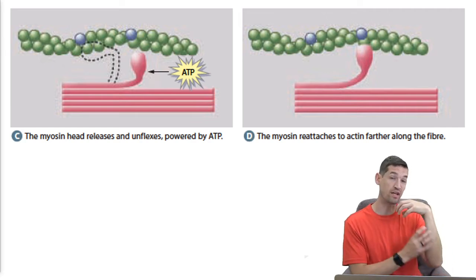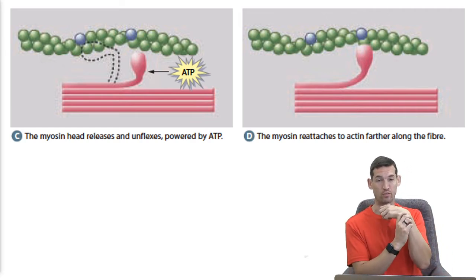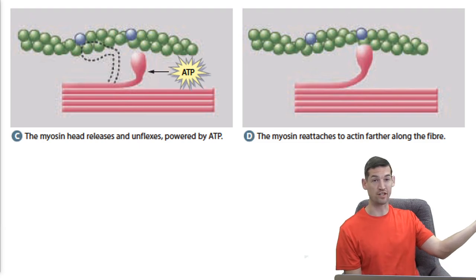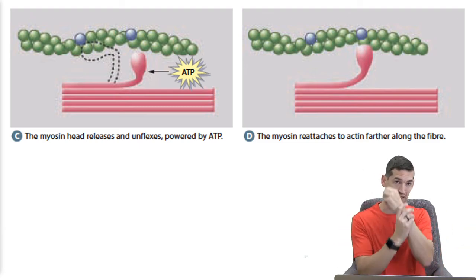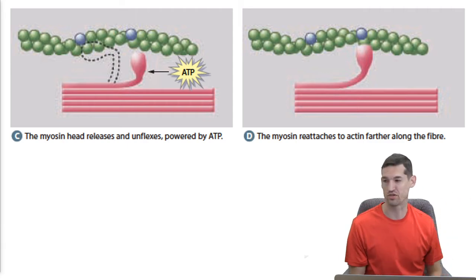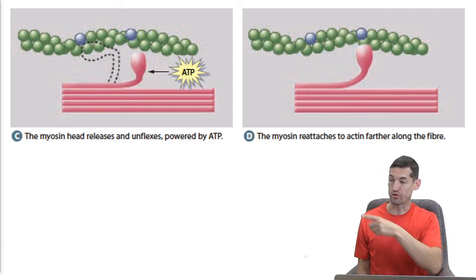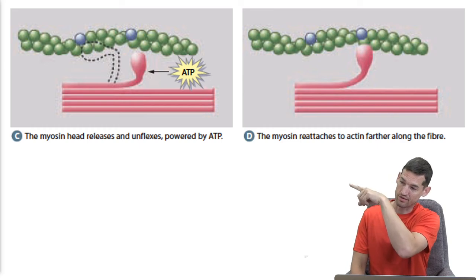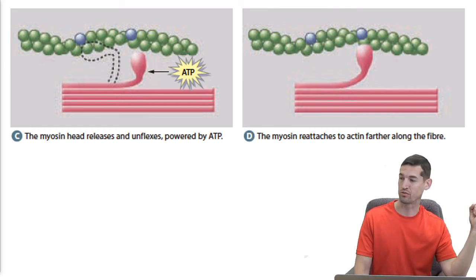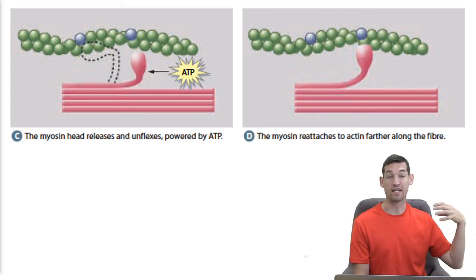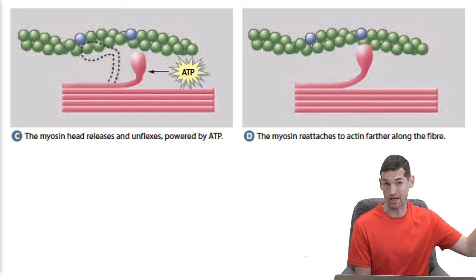Now you can think of the myosin like a spring, like we're loading the mousetrap, and then as soon as the mousetrap gets triggered, it just releases. But it's the release and the reset that actually uses the ATP here. So you can see now the myosin head on that far diagram C has released, and it's reset back to its original position, and now it's going to wait for the next time that it can grab.